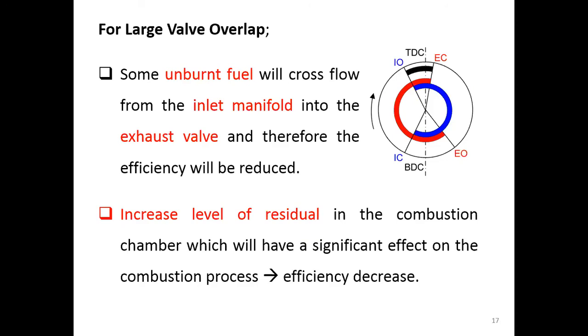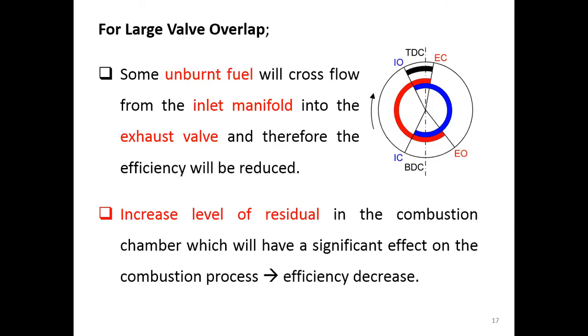With large valve overlap, you have a chance to increase the level of residue in the combustion chambers. This increase in the level of residue will create significant effects on the combustion process. The residue is something left over in the combustion chamber; it does not flow out.